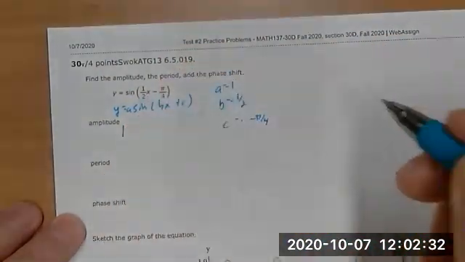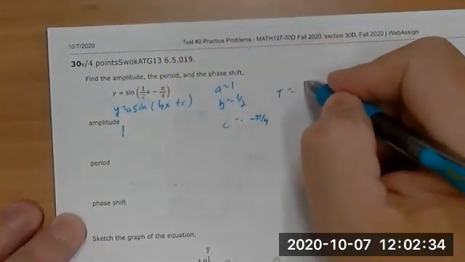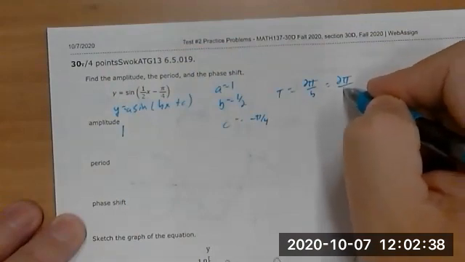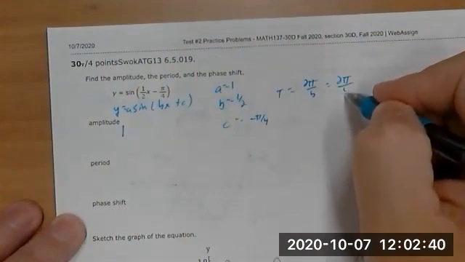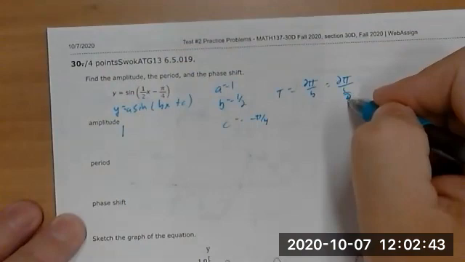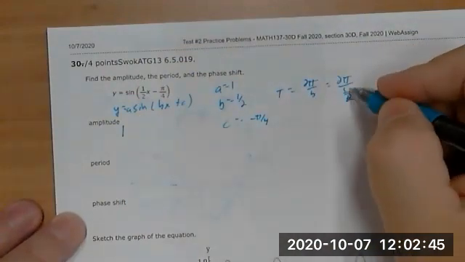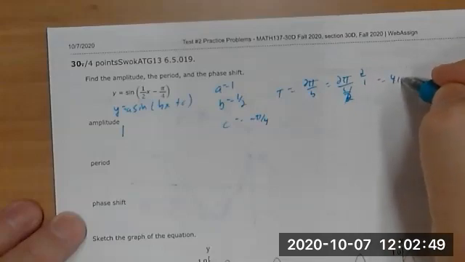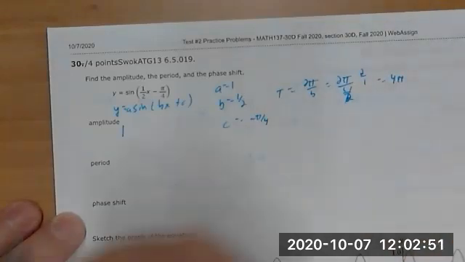Amplitude is going to be 1. Period is 2 pi over B, 2 pi over 1/2. Flip that, so it's really 4 pi.